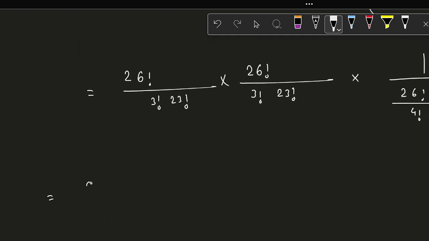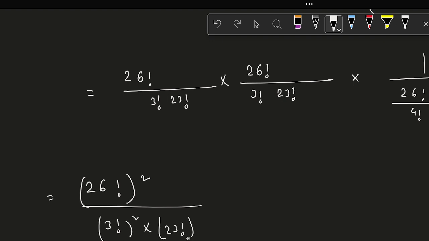Simplifying things, this is 26 factorial whole squared, multiplied by 3 factorial whole squared into 23 factorial whole squared, into this part comes up.